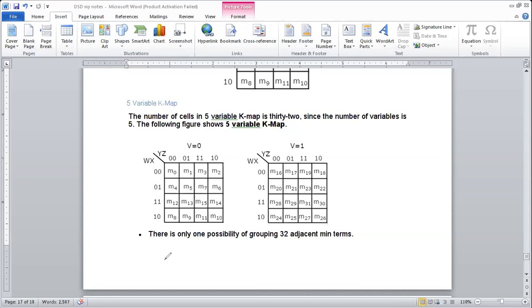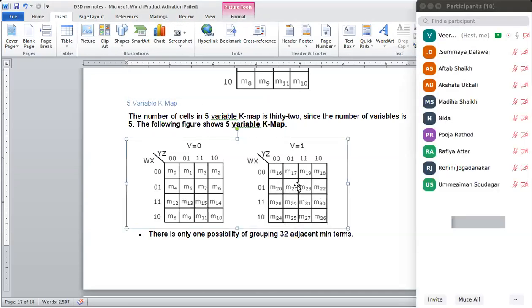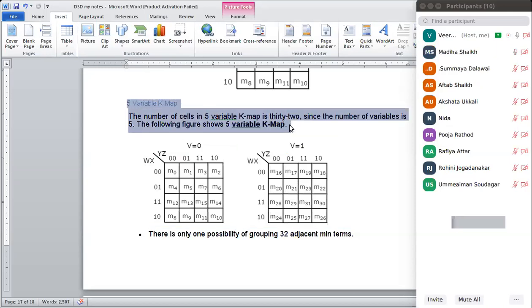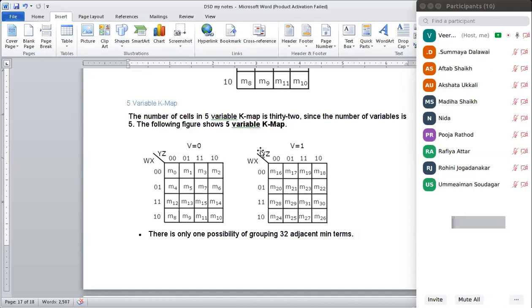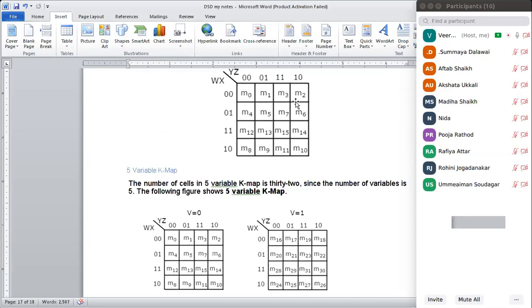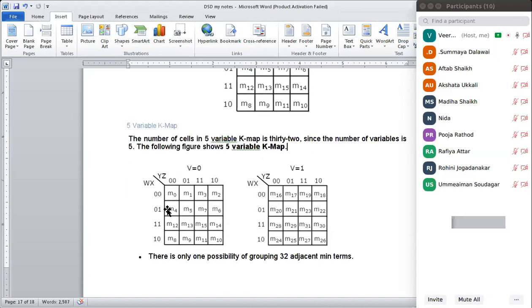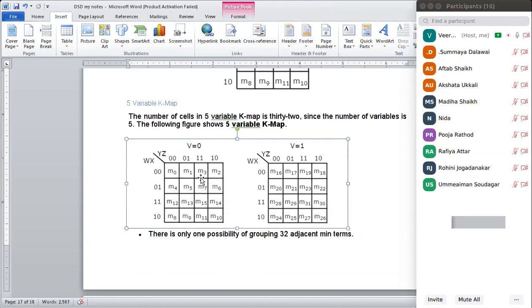The simplification steps we will see in the next class. V is the fifth variable. Five variables are there, no? This is a five variable K map. To represent a 5 variable K map, we are not going to extend the cells in a single pattern. Instead, we are dividing the 32 cells into two groups.